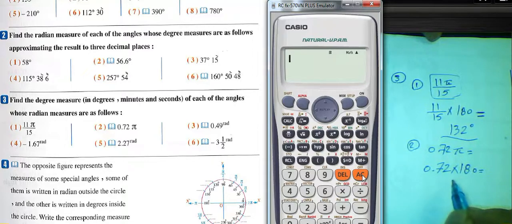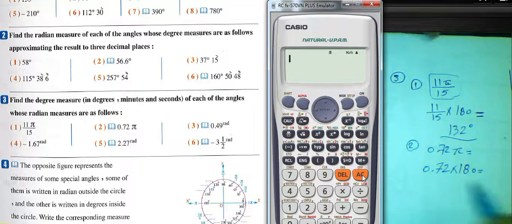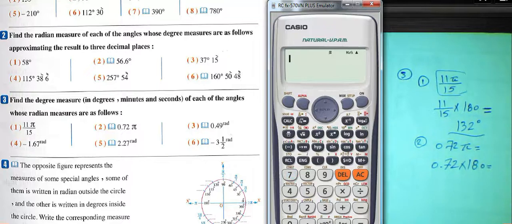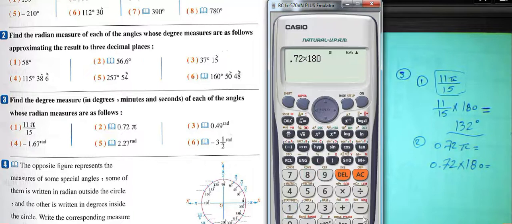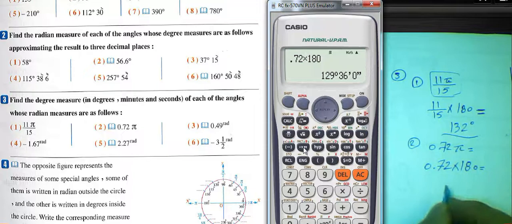But in this question you want to convert to degree measure, so we will cancel pi and replace it by 180, and then using the calculator we can write 0.72 multiplied by 180 in one step. The result will be 129 degrees 36 minutes.